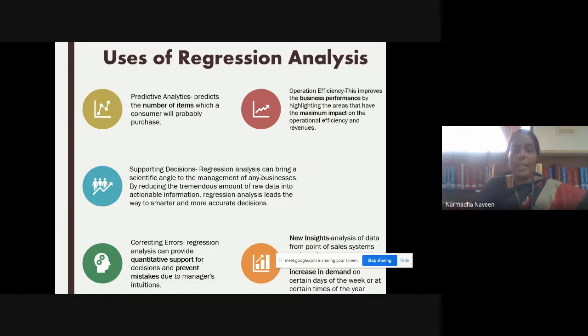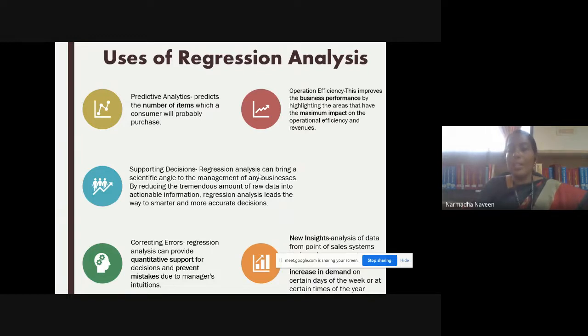Secondly, it helps to improve the operational efficiency of the business. Say for example, if you'd like to determine the profit of the organization, considering various parameters such as how much they spend in research and development, and how much they spend in advertising and marketing.